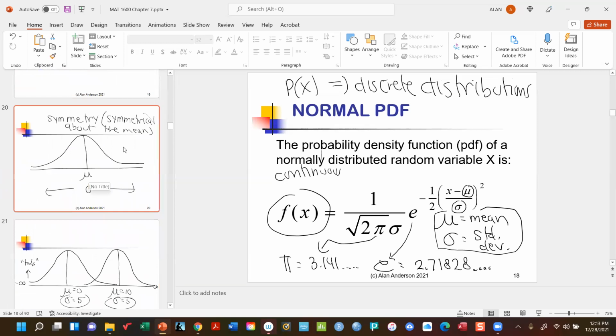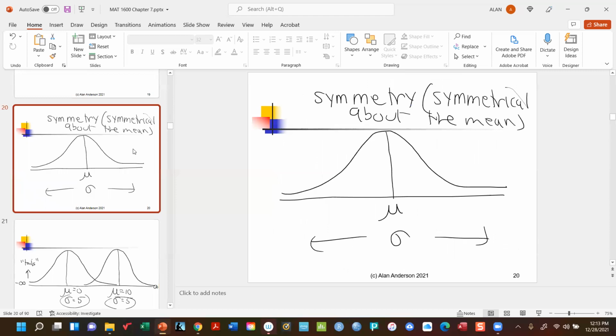First of all, we've already seen that the curve is symmetrical. And that's the reason why the sigma is here. This tells me that sigma determines how spread out the distribution is.